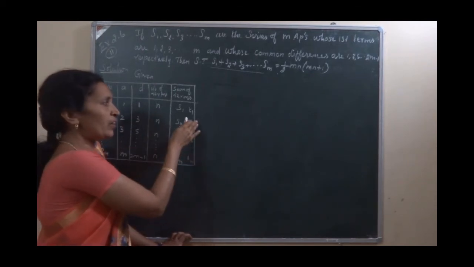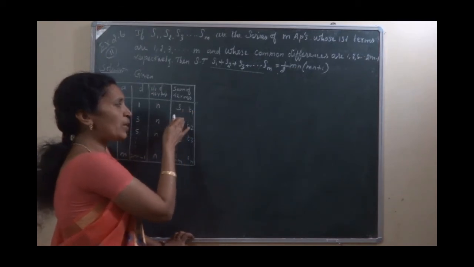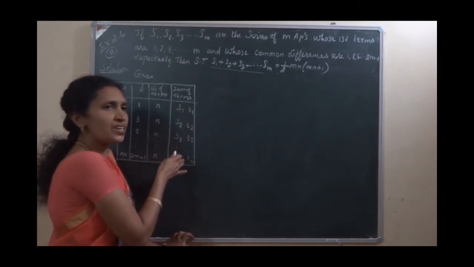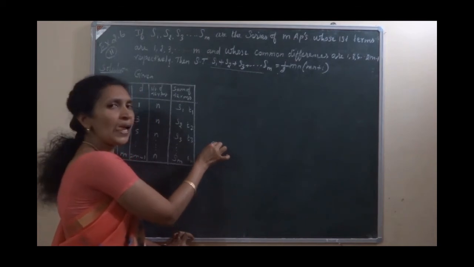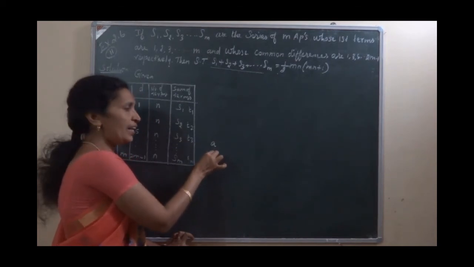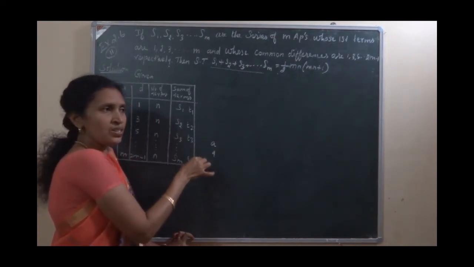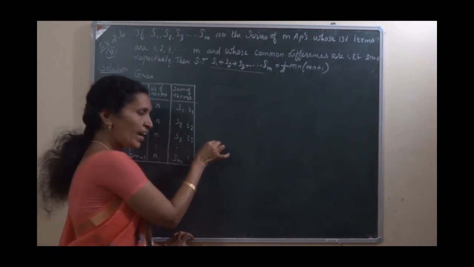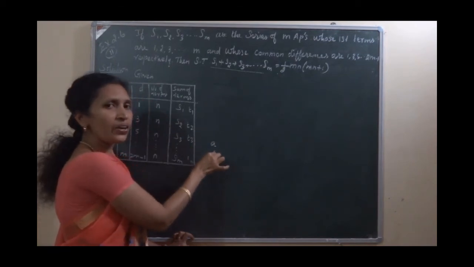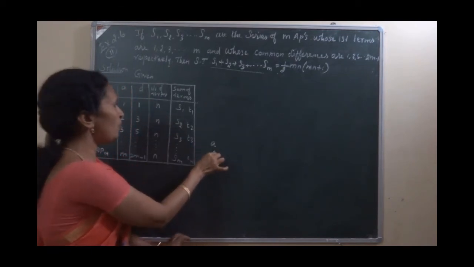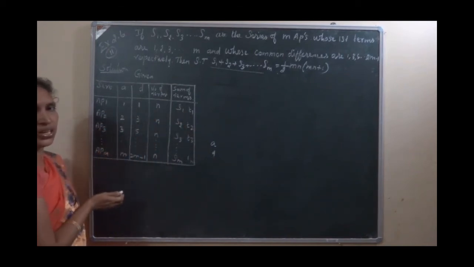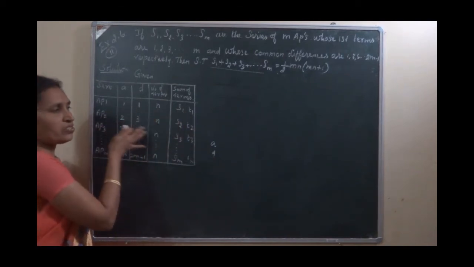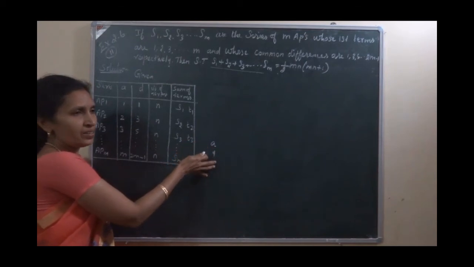So, if you find S1 plus S2 plus S3 etc. up to m, we need A value as well as D value. Clear? That A and D value you have to find using the given values.